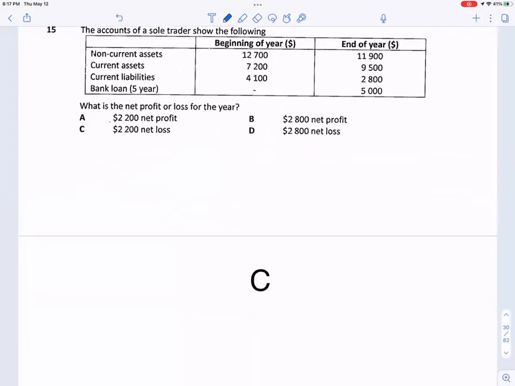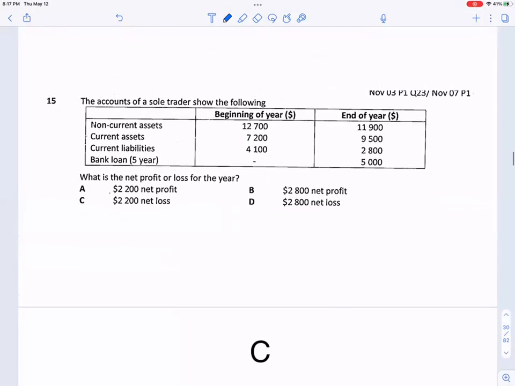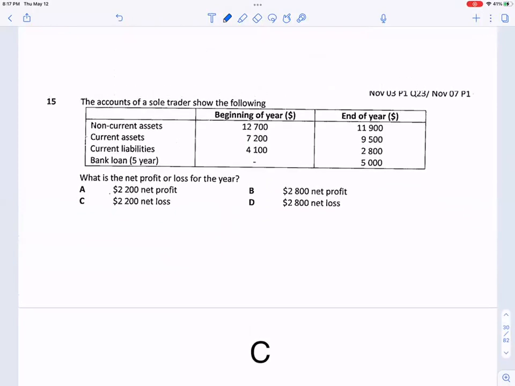Now here you have to make the capital account, and capital you will get with the help of this. Tell me if you're getting stuck.